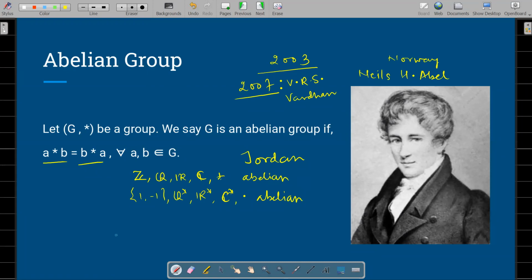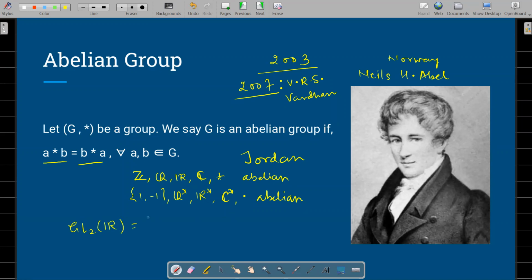But for the time being, I hope you are studying matrices also in other courses. Yes, sir. So if I take 2 cross 2 matrices with non-zero determinant. Why non-zero? Because in that case the inverse exists.